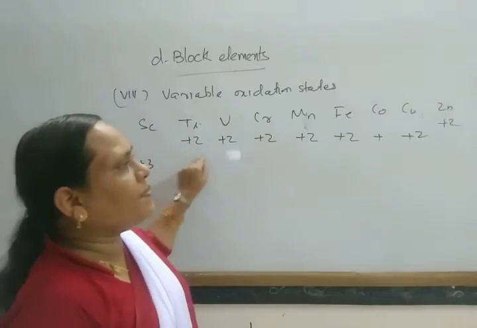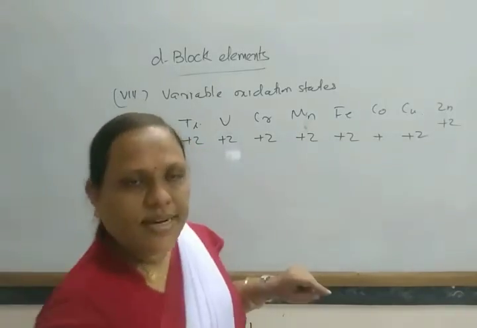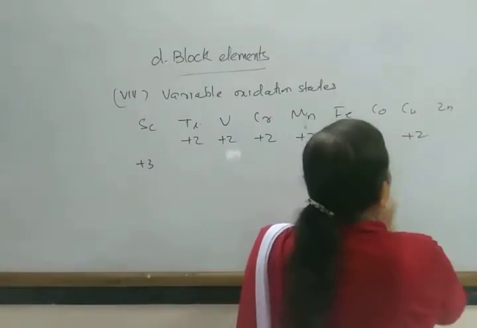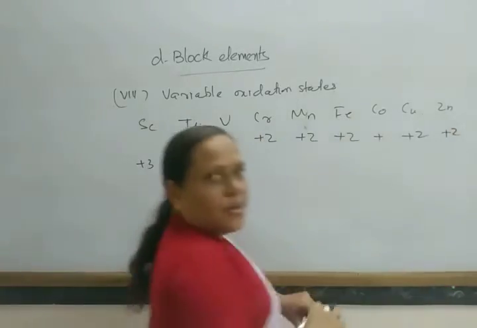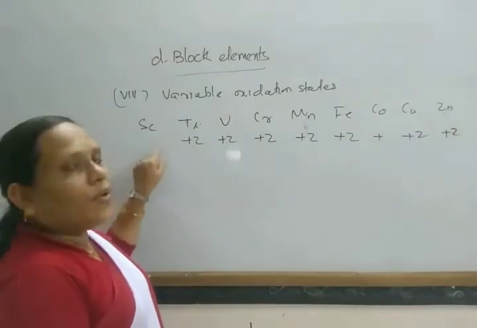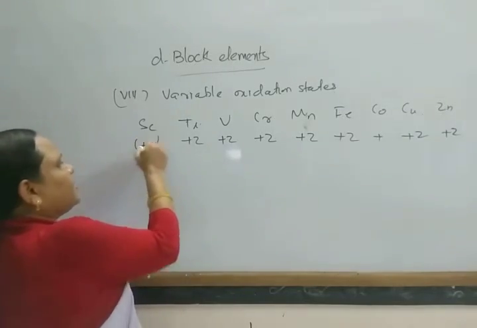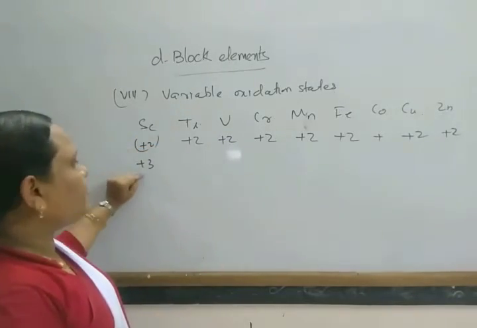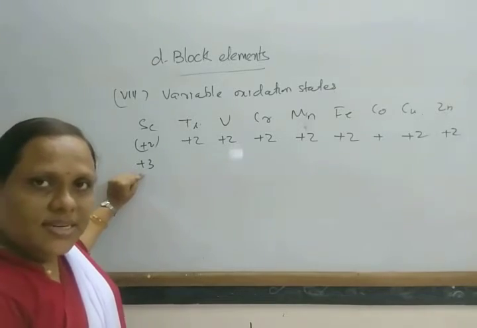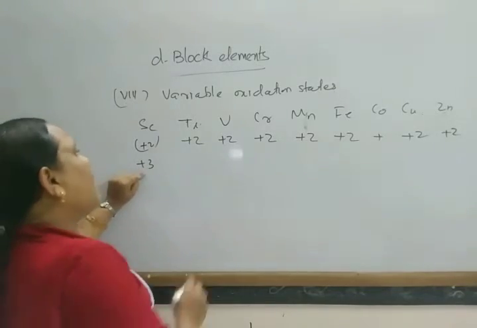But after removal of 2 electrons, only one electron in d is there. In this way, the +2 is less stable, so it exhibits the +3 oxidation state, which is more stable.